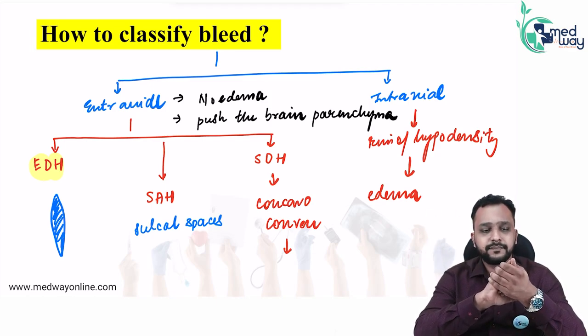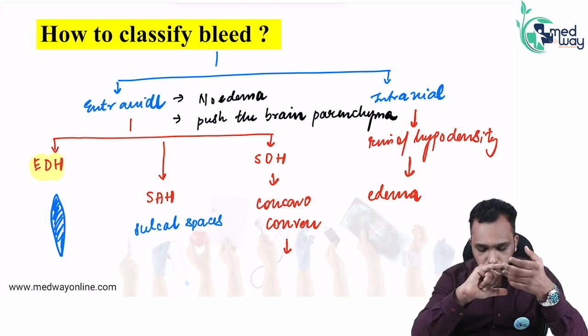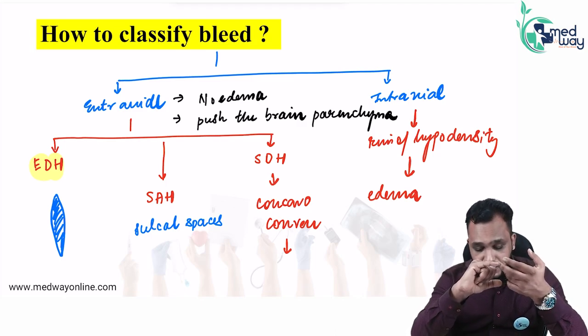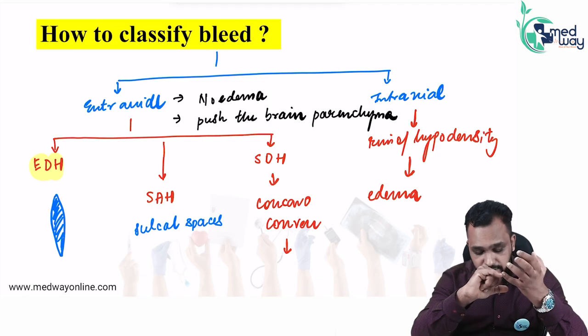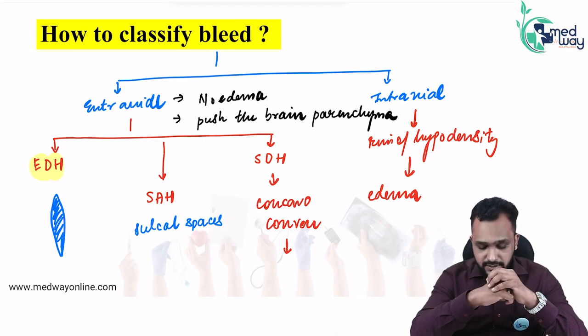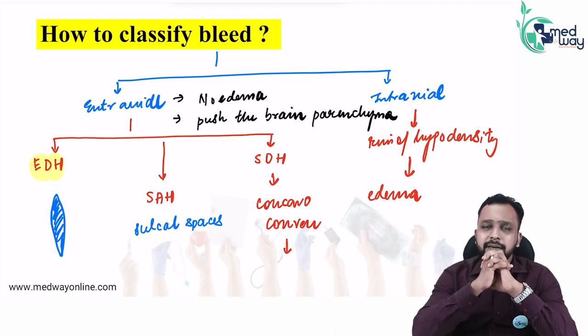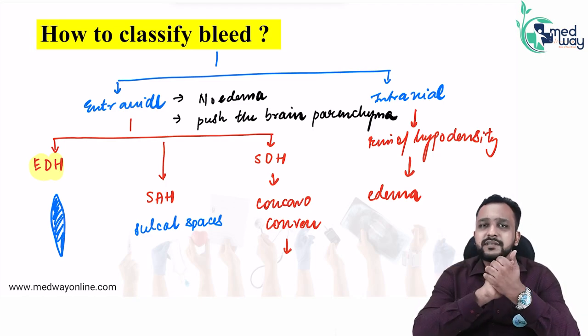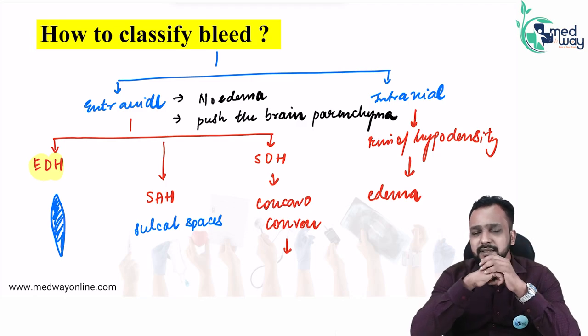In extraaxial bleed, there are three types: extradural hemorrhage, subarachnoid hemorrhage, and subdural hemorrhage. So these are the three types.